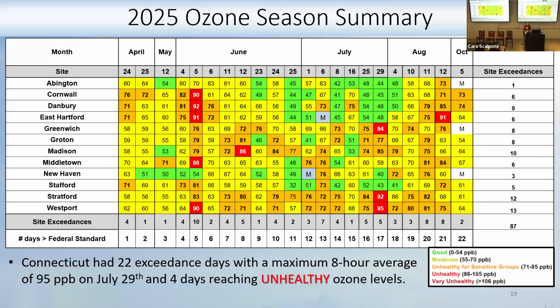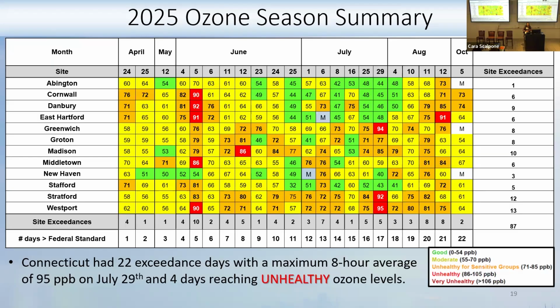So to start off, here is our 2025 ozone season summary. We had 87 site exceedances across 22 exceedance days. Typically, our ozone season is from May 1st to September 30th, but this year was a little different. We had 2 early ozone exceedances in April on the 24th and 25th, and we even had an ozone exceedance on October 5th.